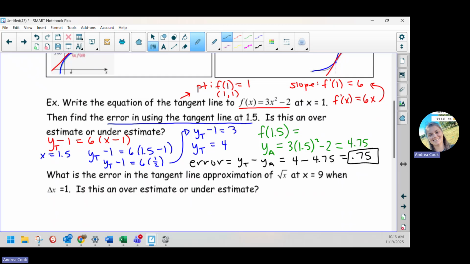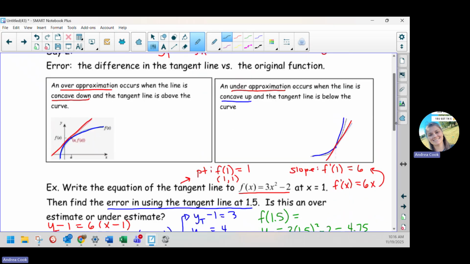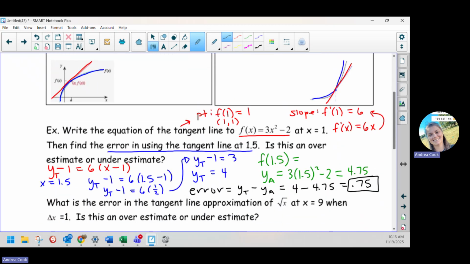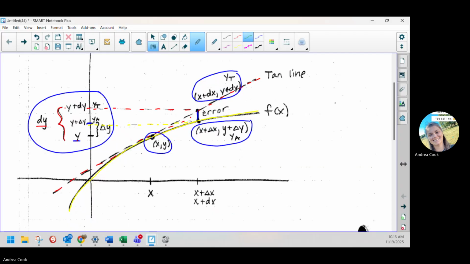So I am off by 0.75. So error is like that distance. Let me go back to that other picture here. This is what we just found to be 0.75. So the difference between those two is 0.75.